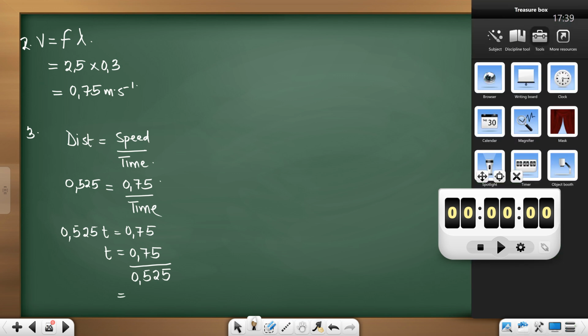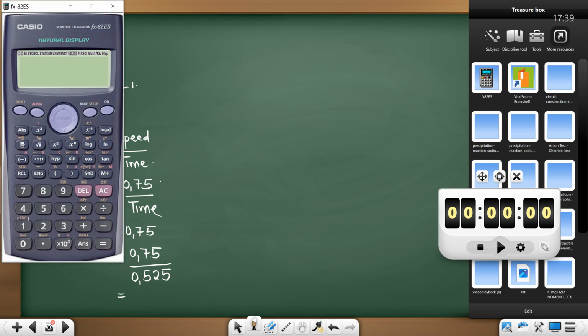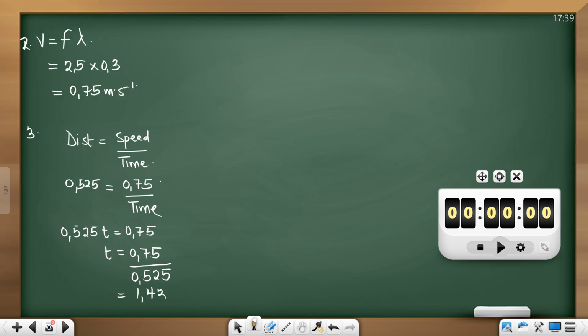Oh, I need a calculator now. And I want to check something else. 0,75 divided by 0,525. I'm having 1,43, 2 decimal places. Is this what you got?